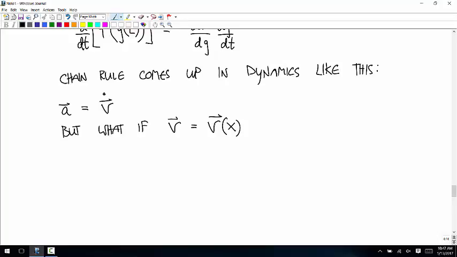So let's say that we know the velocity as a function of its position, some position variable.